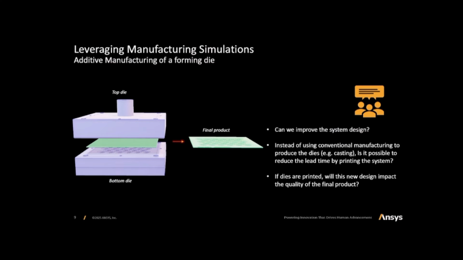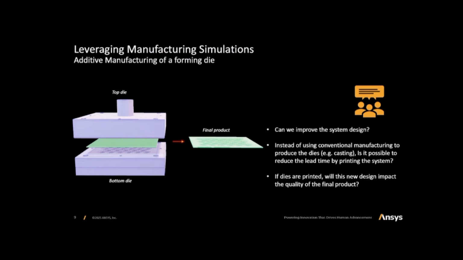In this particular example, we're going to look at using topology optimization to reduce the weight of a die for a stamping simulation. There are times where they may be able to make a larger stamp tool, which a lot of times they can't do because of the die weight.